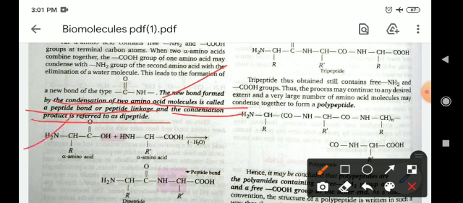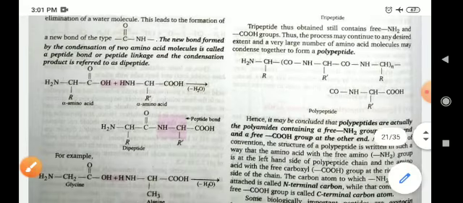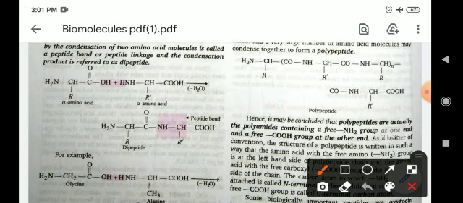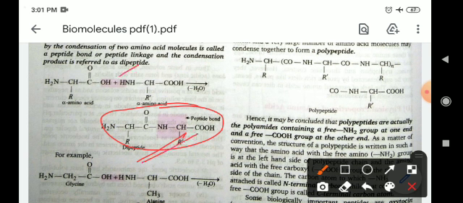For example, when an alpha amino acid and another alpha amino acid combine, there will be a removal of a water molecule and this dipeptide compound will be formed. It is known as a dipeptide because it is formed by the condensation reaction of two amino acids.